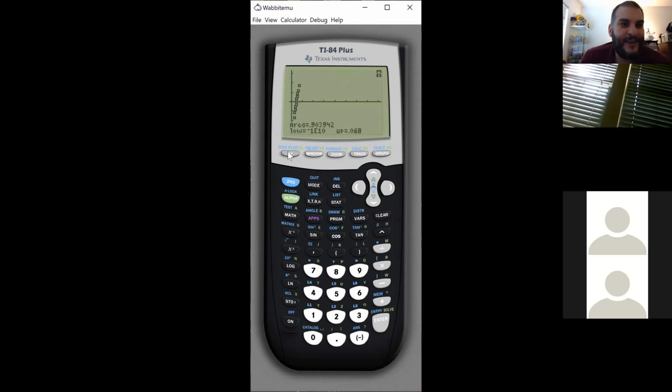Let me turn off my plot. Right now I have this plot on, so I want to turn that off. Let's try that again.